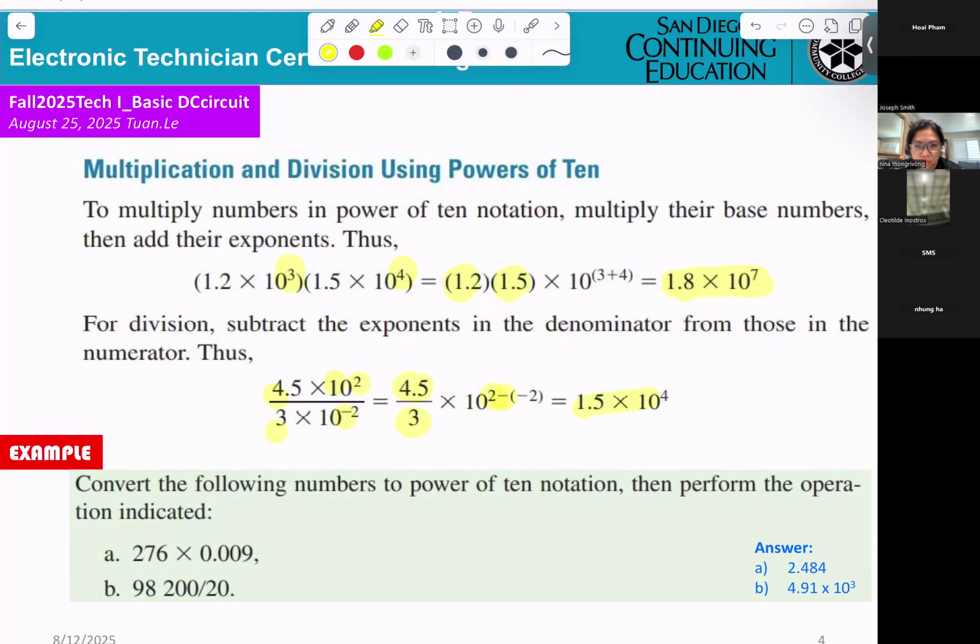That's why you get 1.5 times 10 to the power of 4. Okay? So for this example, I already have the answer here. You can try. If later on you cannot get through it, let me know.